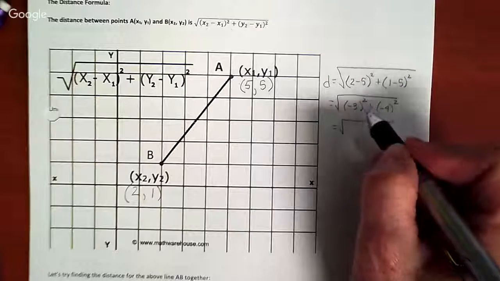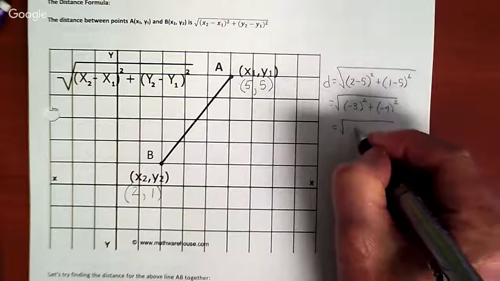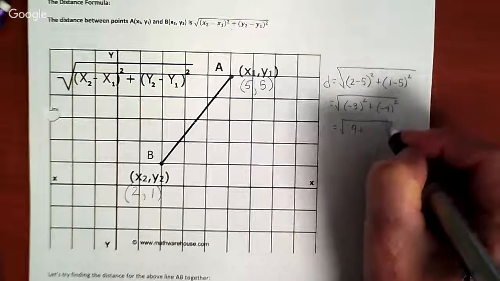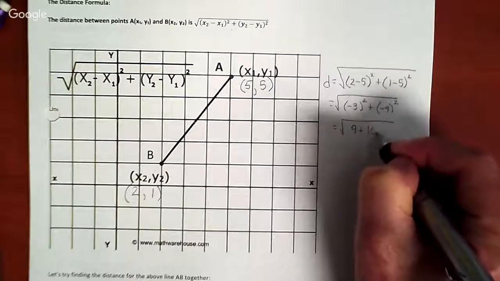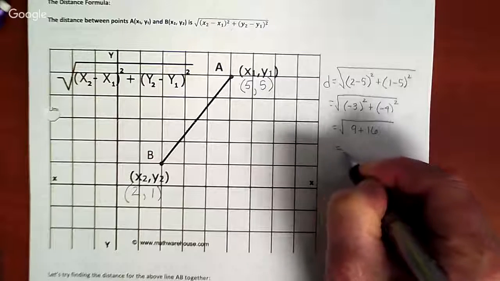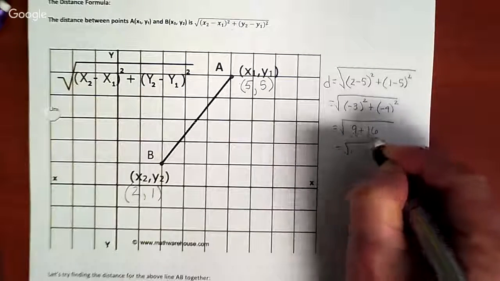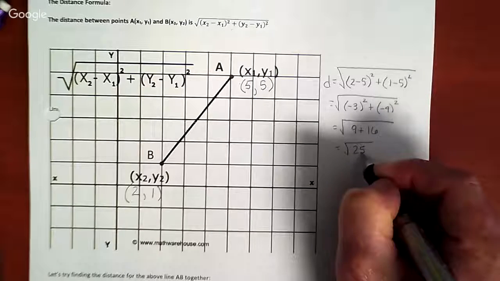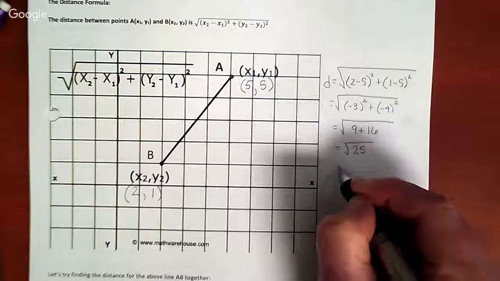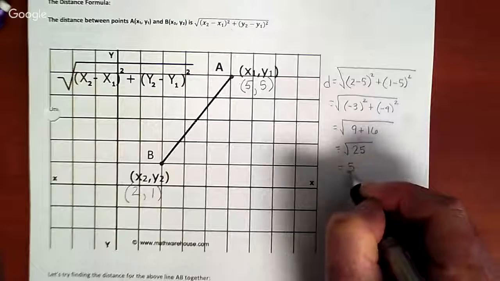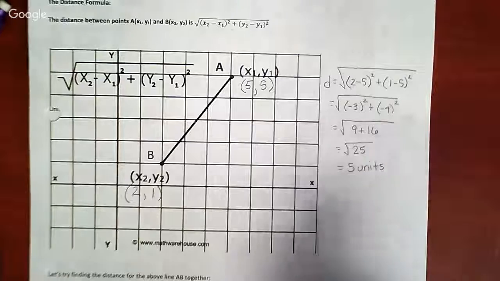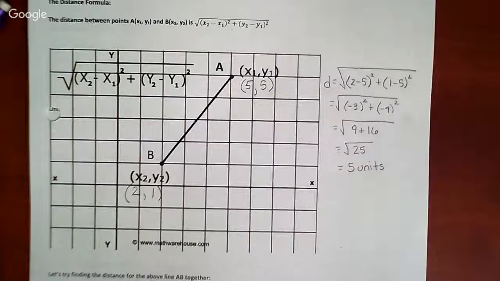Negative 3 times negative 3 is 9, plus negative 4 times negative 4 is 16, which equals the square root of 9 plus 16, which is 25. The square root of 25 is 5 units. And that would be my distance.